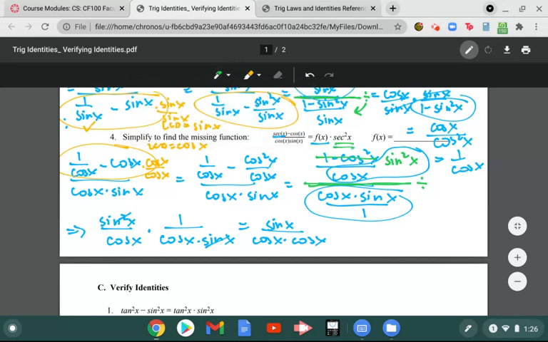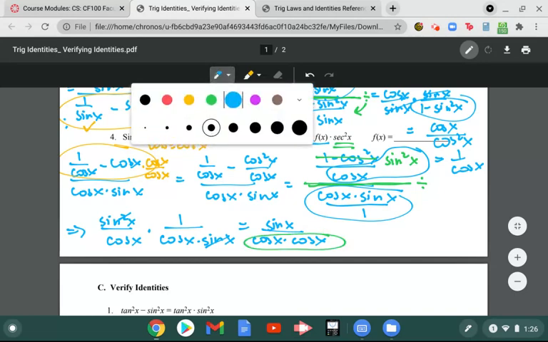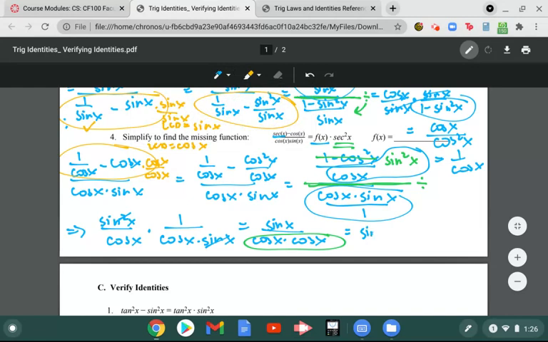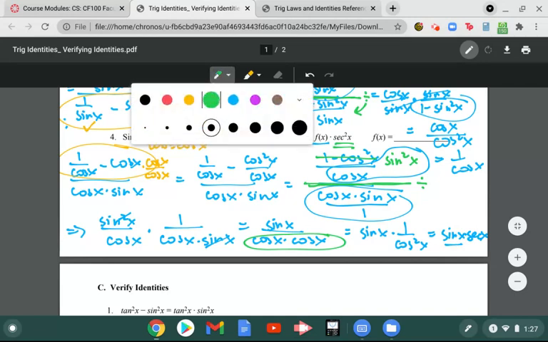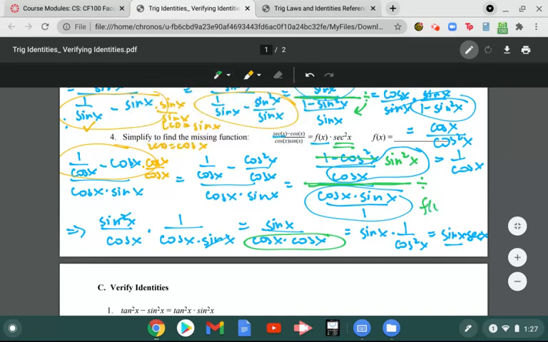So I'm going to just separate this out, and I end up with sine x times 1 over cosine squared, which is sine x times secant squared. Just enough room. So f of x, I'm going to write this in green, is sine.